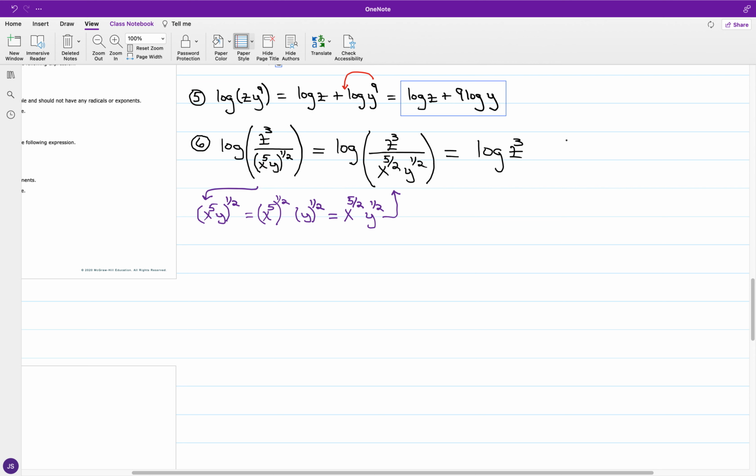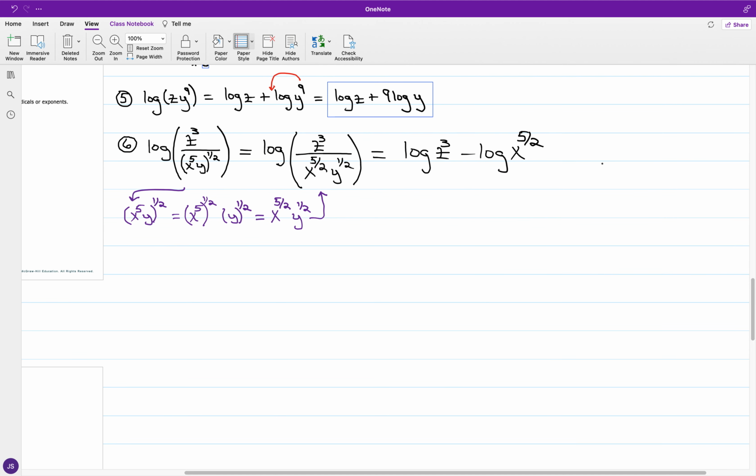With x to the 5/2 at the bottom as its own base 10 logarithmic term, this is going to be a negative, so we have minus the base 10 logarithm of x to the 5/2. And with y to the 1/2 also situated in the denominator, once we remove this from the ratio, that is going to be attached to a negative logarithmic term as well. So we have minus the base 10 logarithm of y to the 1/2.